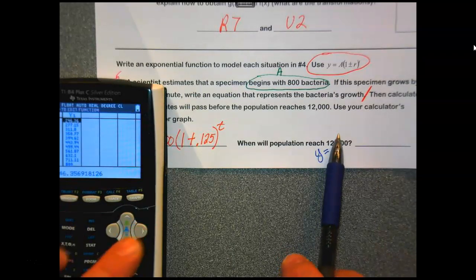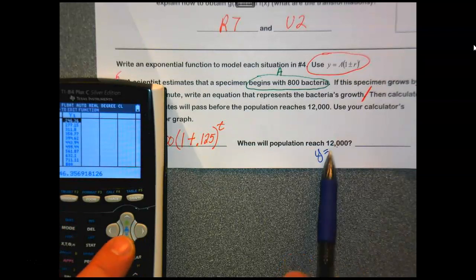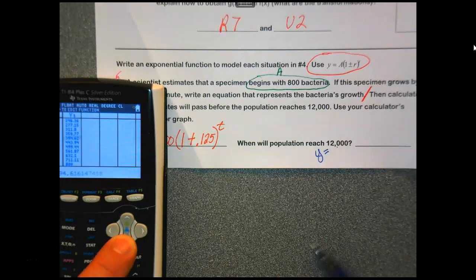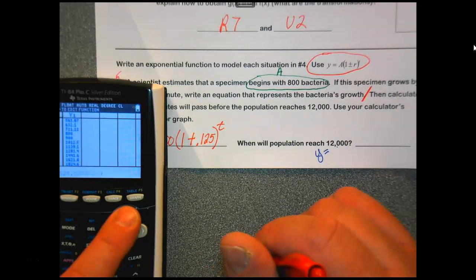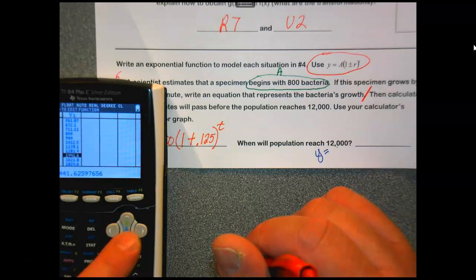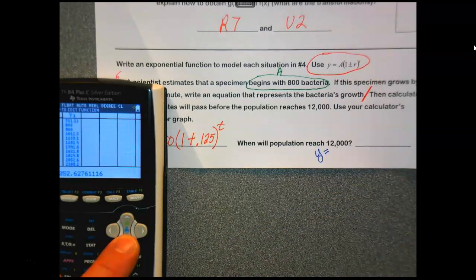And I need my Y to be 12,000. So I'm just going to scroll until I get to 12,000. Oh, here, oh no, that's 1,200. So I'm going to keep going. I need 12,000.